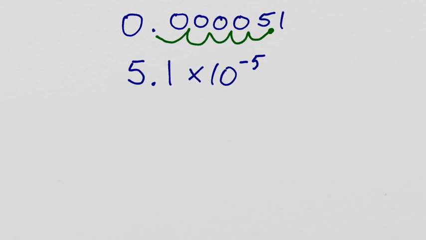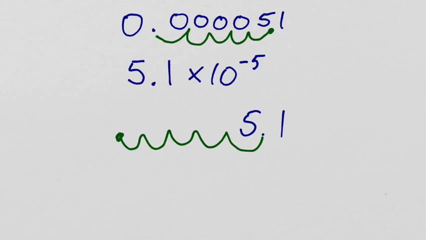Okay, if we wanted to take a small number and make it big, we do the exact opposite. We write down our 5.1, and we're simply going to take our decimal place and hop it over 5 times. So 1, 2, 3, 4, 5. And like we did the last time, we're just going to fill it in with zeros.